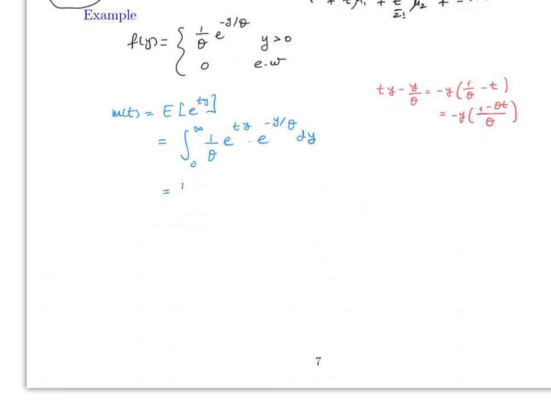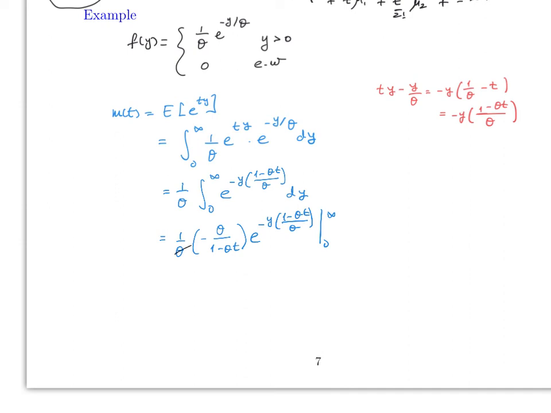So therefore this is the same thing as 1 over theta, the integral from 0 to infinity of e to the minus y times 1 minus theta t over theta dy, which equals 1 over theta times minus theta over 1 minus theta t. You integrate this, e to the minus y, and everything from 0 to infinity.